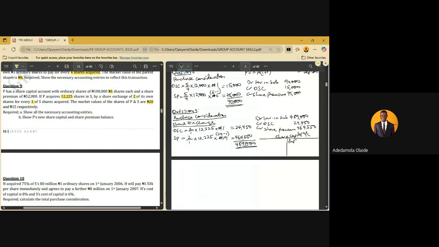Balance brought forward 100,000. Shares issued 24,450. So that will give us a balance carried down of 124,450.